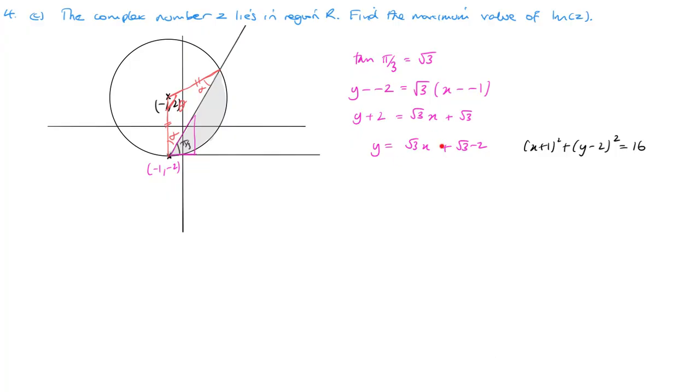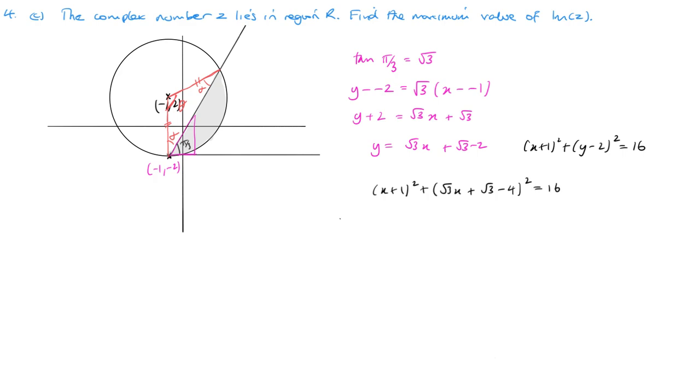And what I need to do is put this into this. So that's going to give me x plus 1 squared plus, now instead of y I've got root 3x plus root 3 minus 2, and then minus another 2 is going to give me -4.